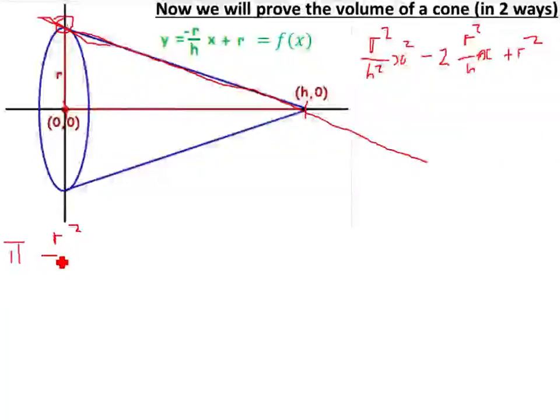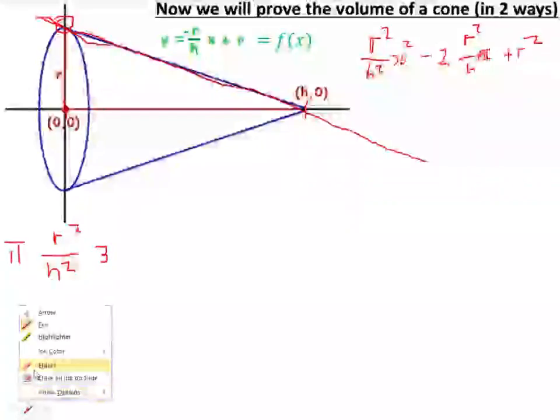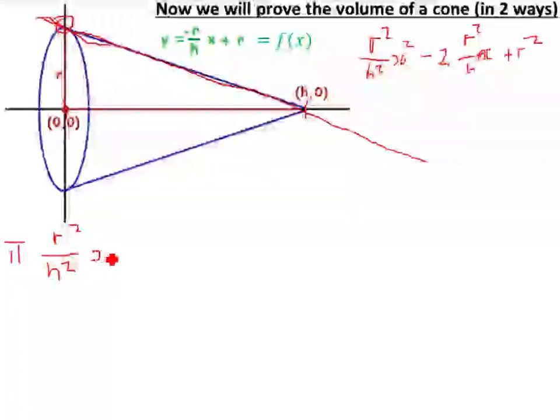R squared divided by h squared x, always do that today, x cubed over 3. Now with this one it's normal x, which means x to the power of 1, and then that would be up to 2, and then divide it by 2, and here we get 2 divided by 2, so that cancels out.